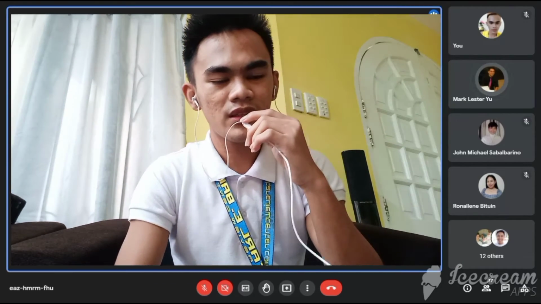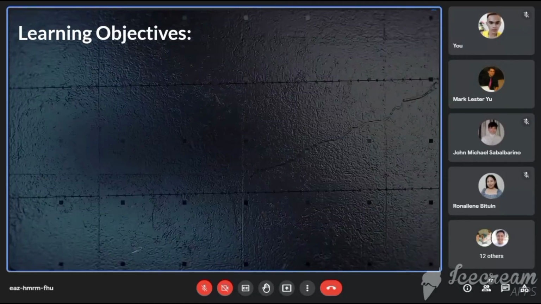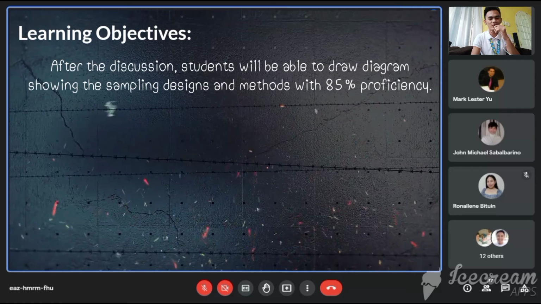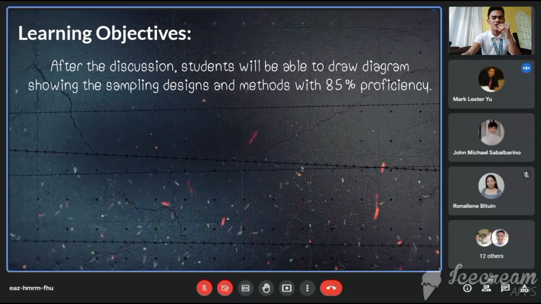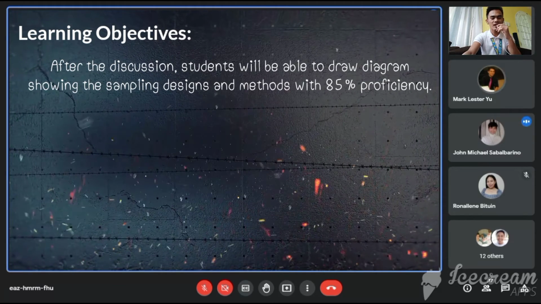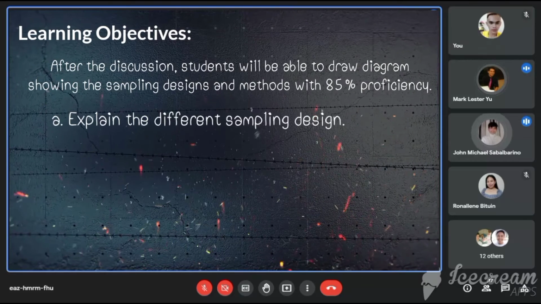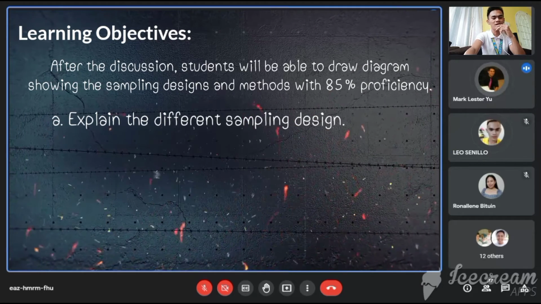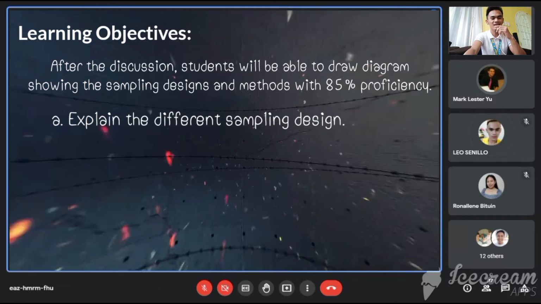Our learning objectives: after this discussion, my students will be able to attain 85%. First, explain the different sampling designs.